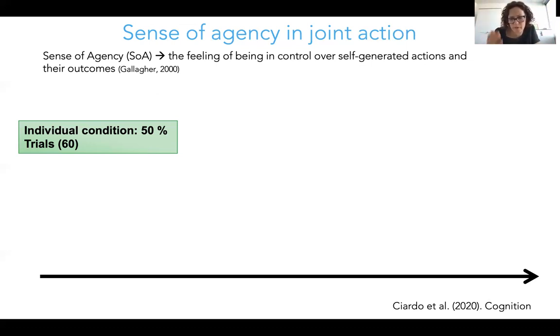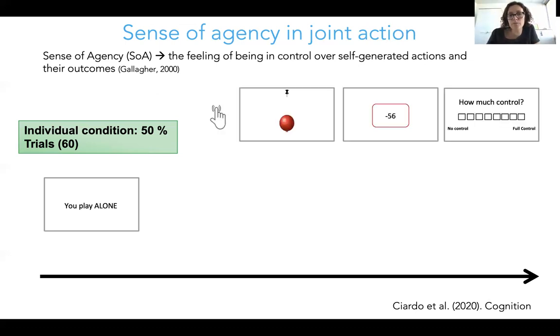This paradigm was developed by other researchers with whom we've worked on this. When you play alone, your task is to prevent a balloon from bursting. There's a balloon that is being inflated, and at some point it will reach a pin. If it reaches the pin, it will burst, and when it bursts, you lose a lot of points.